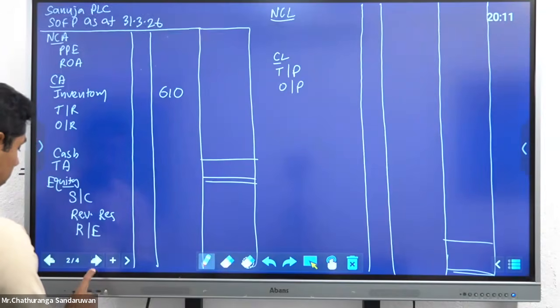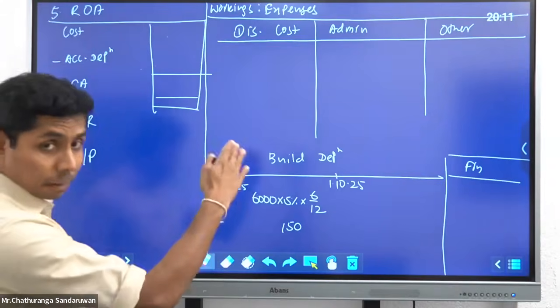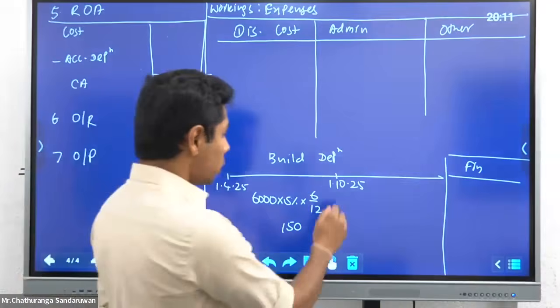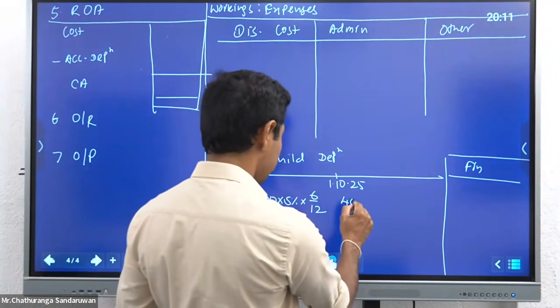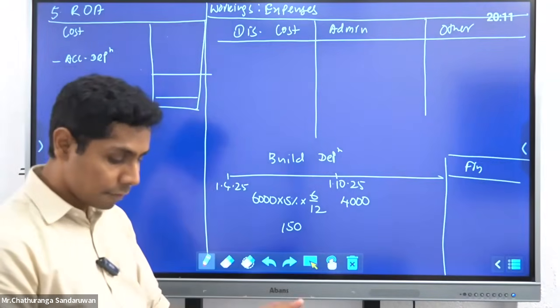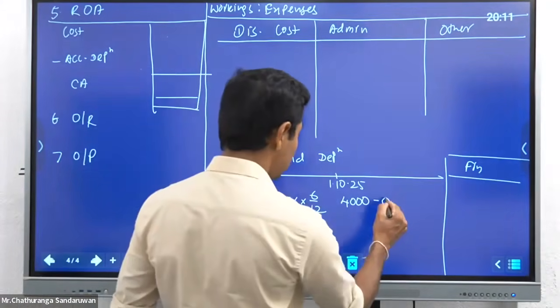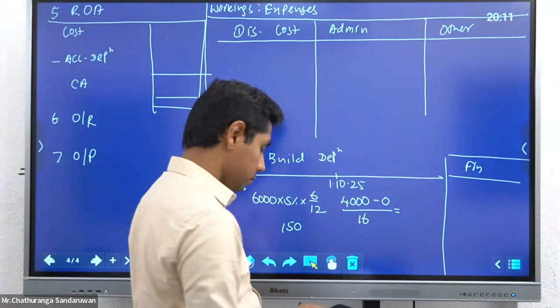All right. And then the depreciation of buildings for the second half, right? So here we revalue the building at 4,000. After the revaluation, they say the remaining life is 16 years with no residual value. So no residual value, you can divide by 16 to get the annual depreciation.